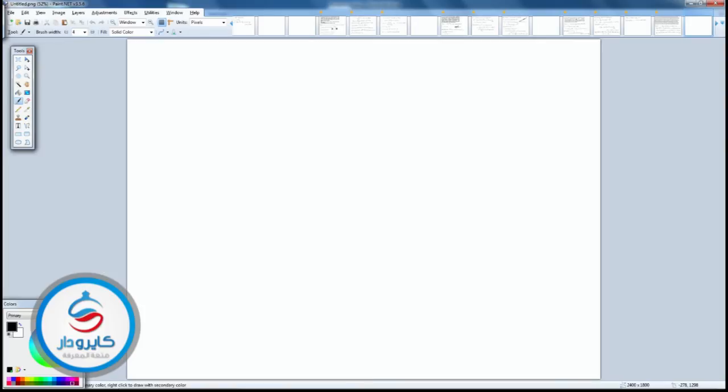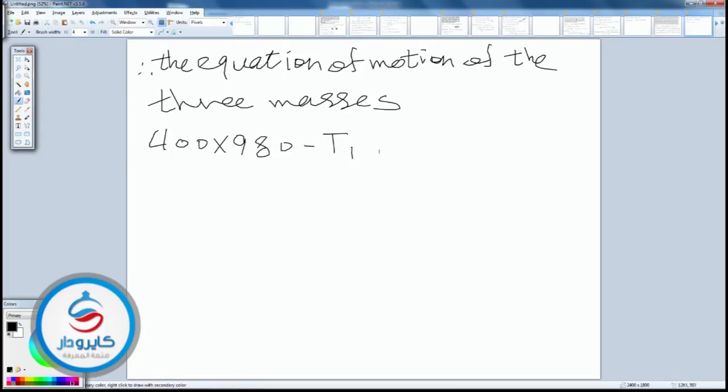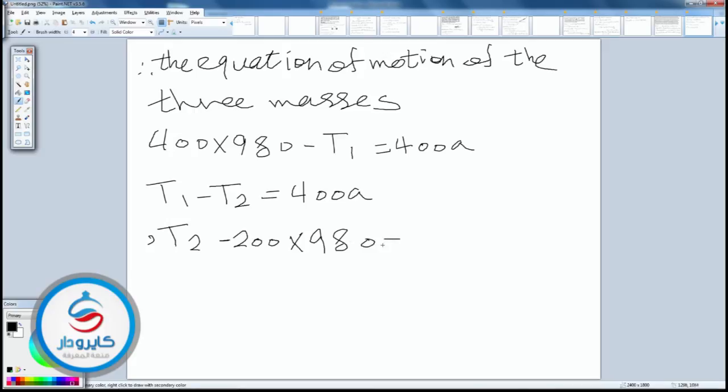Therefore, the equations of motion of the three masses: 400 times 980 minus T1 equals 400A, and T1 minus T2 equals 400A, and T2 minus 200 times 980 equals 200A.